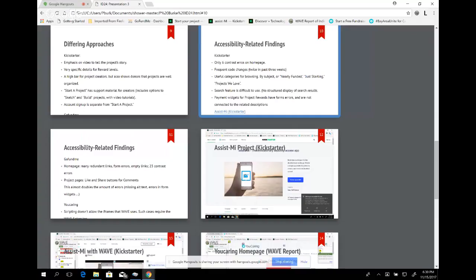Also, they have this very odd thing within the project: each project has its various reward levels and different prize packages you get for supporting them at different amounts. And there's a little payment widget form segment next to the headings that comprise the list of the rewards and explain what they are.